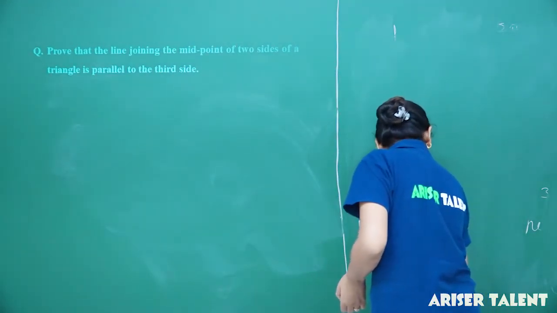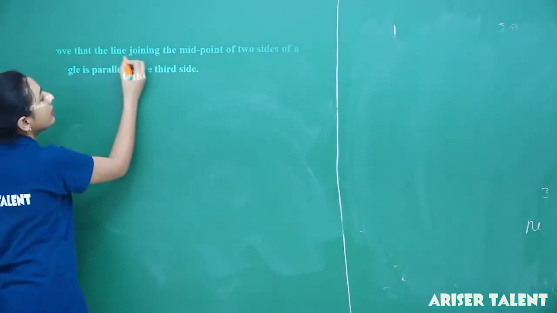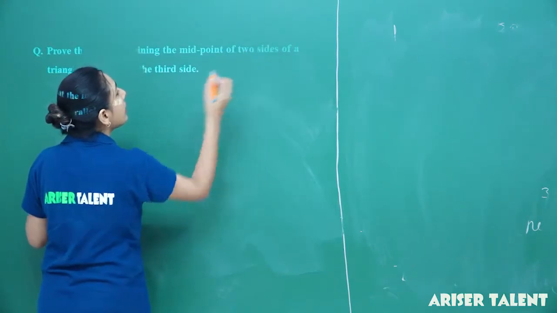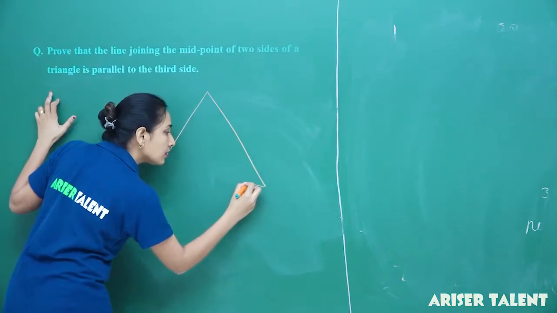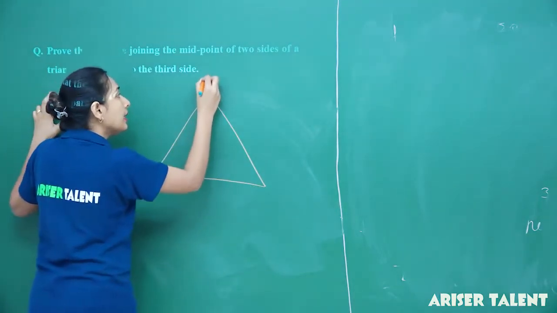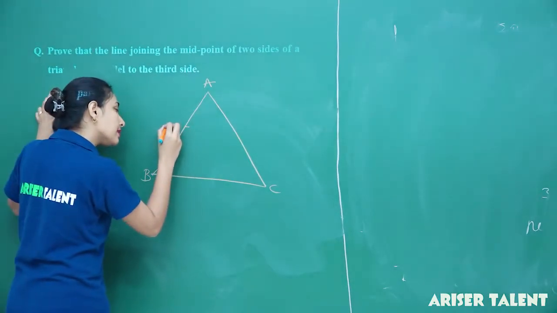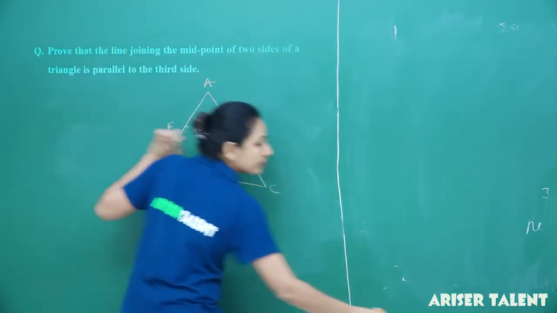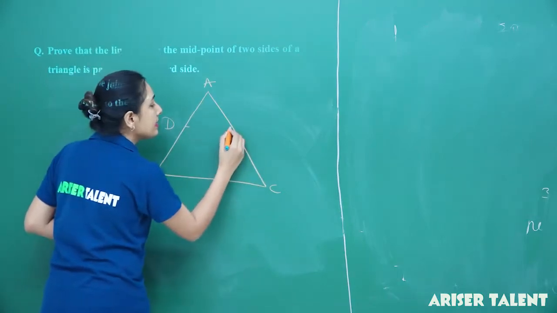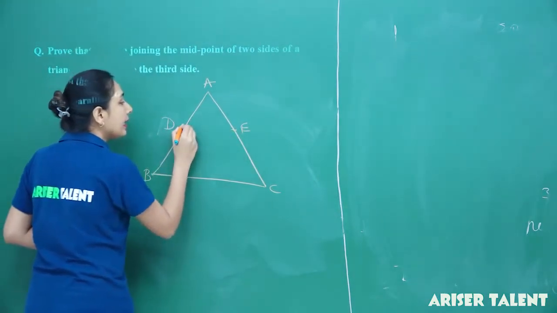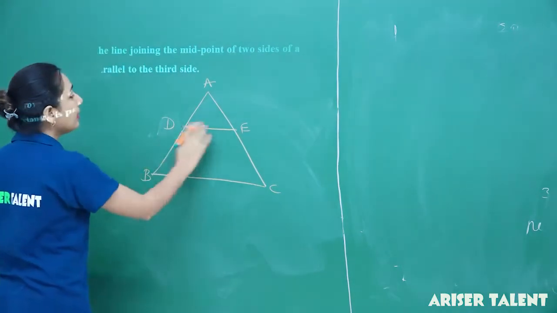So what it is saying is, if this is a triangle ABC, the midpoint of AB is somewhere at D, and the midpoint of the line AC is somewhere at E, and then I join these two points with the line DE.